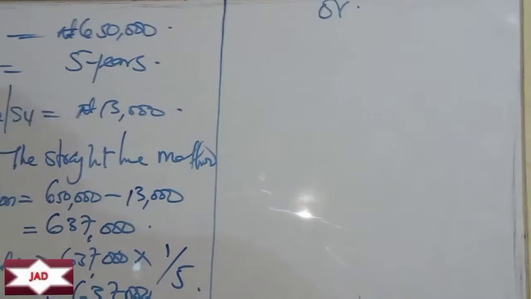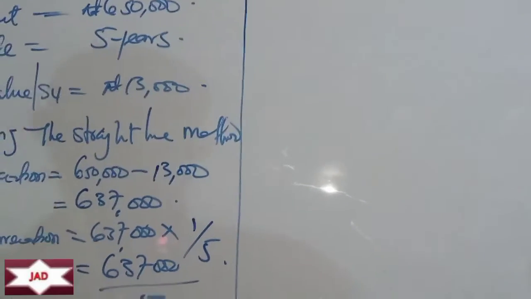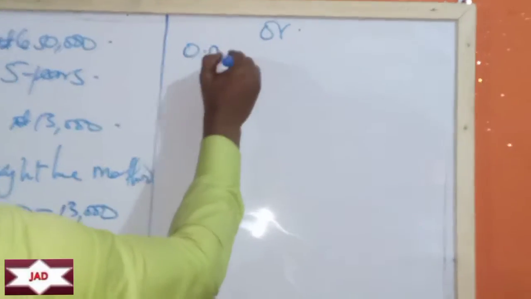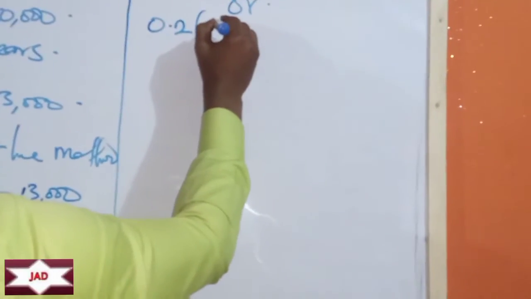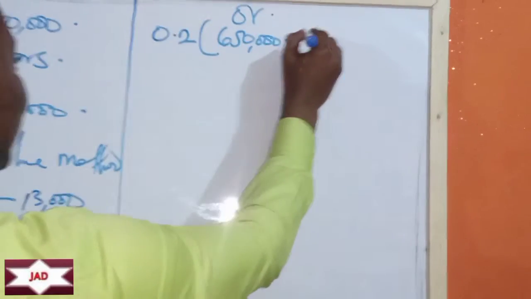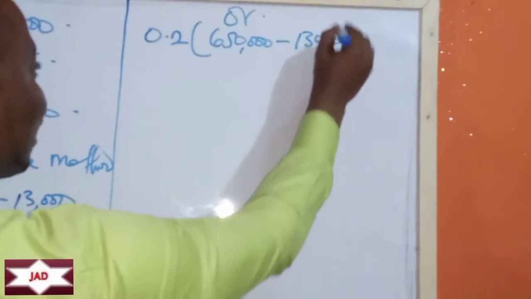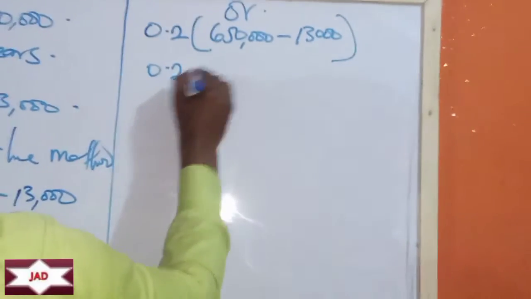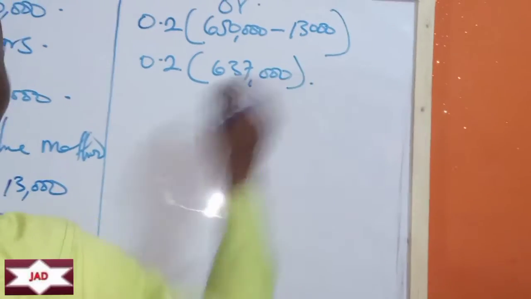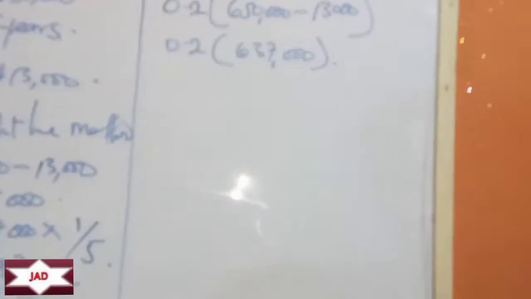So 20% of what? The cost. 0.2 times what? What's the cost? Cost there is 650,000 minus 13,000. So that will be 0.2 times 637,000. So what do we have there?